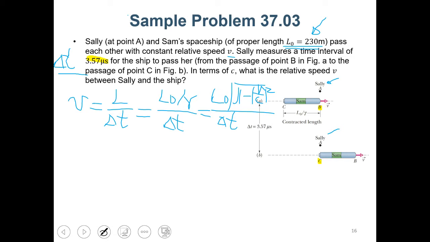So we multiply delta t on both sides. We have V delta t squared equals, and take the square on both sides. And also we divide it by L0, so that we have something like this.